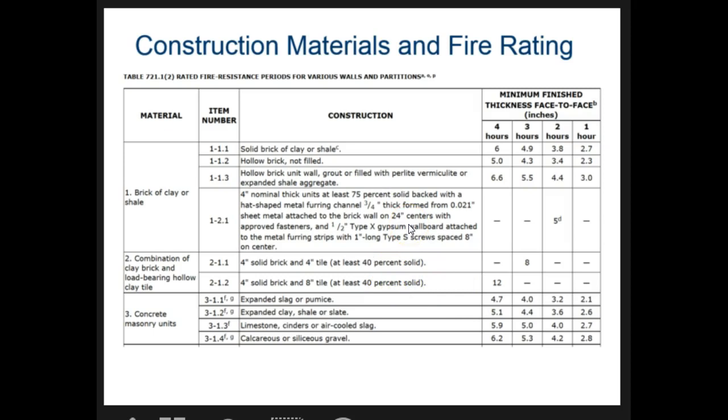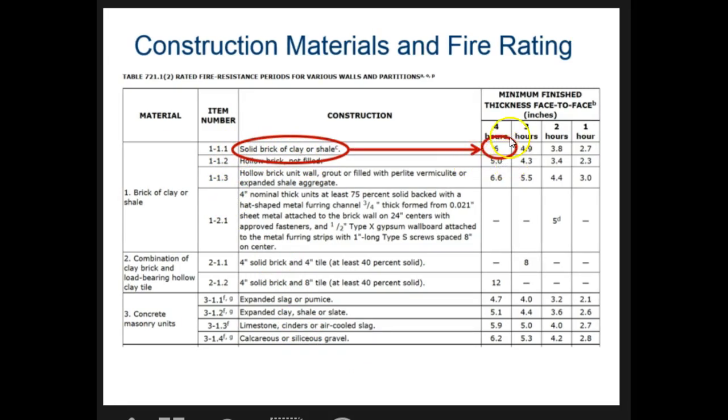Okay, in the code, or in the ordinances, you're going to find tables like this that give you fire resistance for various materials. For example, here on this solid brick of clay or shale, what this part means over here is that if I wanted fire resistance to withstand a 4-hour fire, I would need 6 inches of this material.